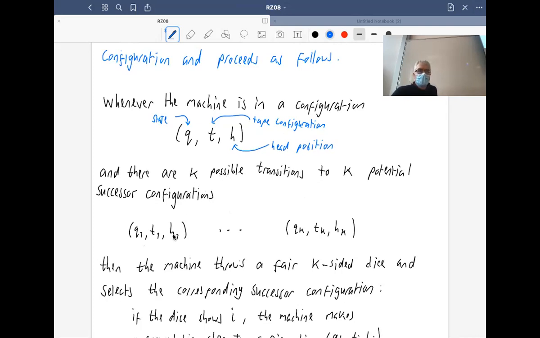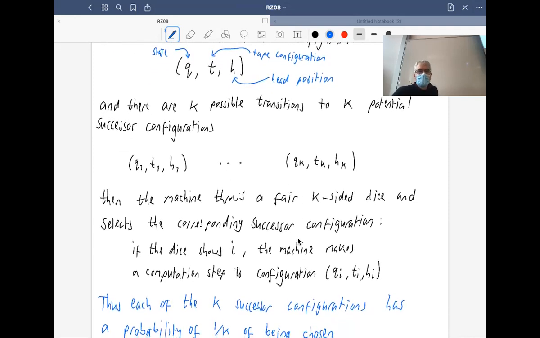Let's say there are k possible successor configurations that the probabilistic Turing machine can potentially go to in one step from this configuration. So this might be: write a blank and move the head 1 to the right. We might have: write a 0 and move the head 1 to the left, or write a 1 and keep the head where it is. So that would be 3 possibilities. But in general, there will be some finite number of different possibilities.